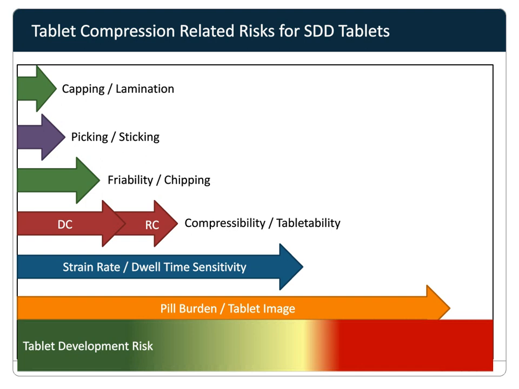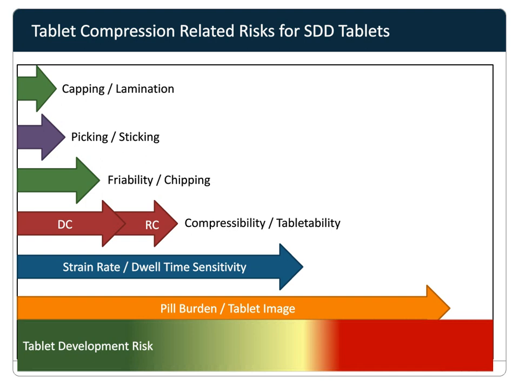So one of the highest risks is tablet image. And the reason for this is because we dilute the drug in the intermediate, and then we further dilute it when we make the tablet. Two other risks are strain rate dependence of the material and tabletability. Although these risks are only low to medium in magnitude, they are related to the SDD's mechanical properties.